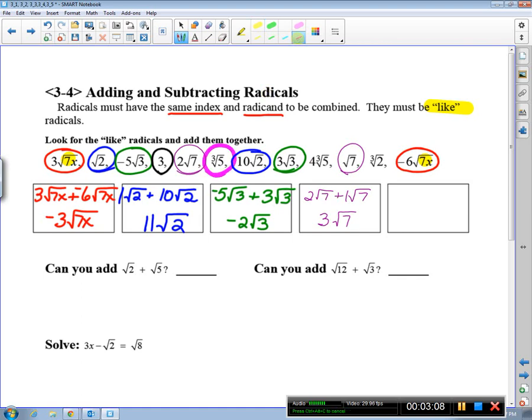Is there anything like the cubed root of 5? So now our index has changed to a 3, cubed root of 5. The only matching term I see is 4 cubed root of 5.